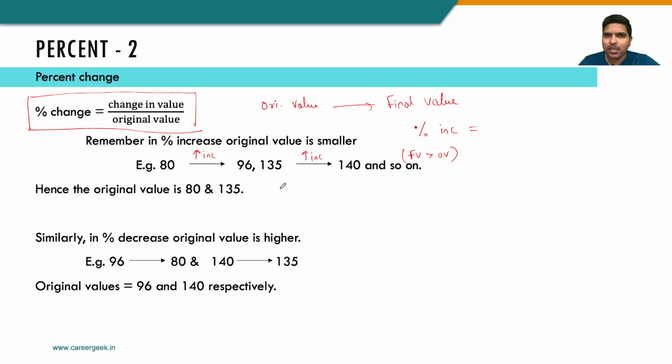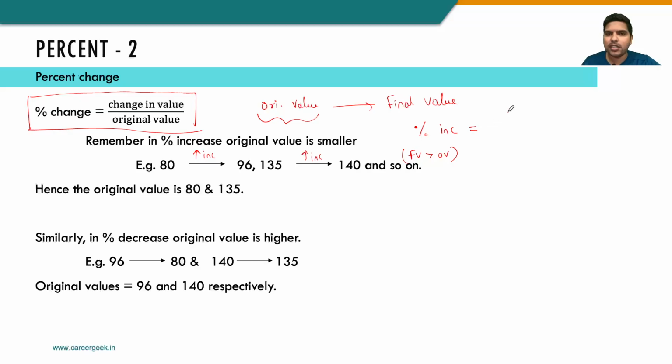In a question, irrespective of what language they use, if they ask percentage increase or percentage greater, always remember the smaller value is becoming the larger value. If you understand this logic, you will never make a mistake in percentage increase or decrease questions. The smaller value will become the original value.